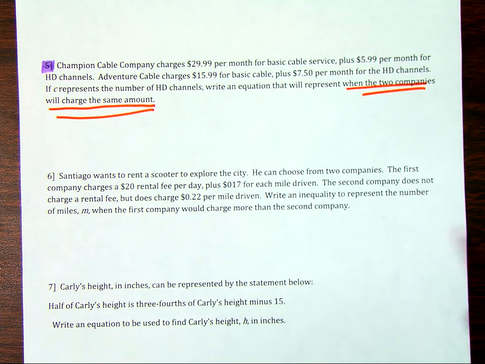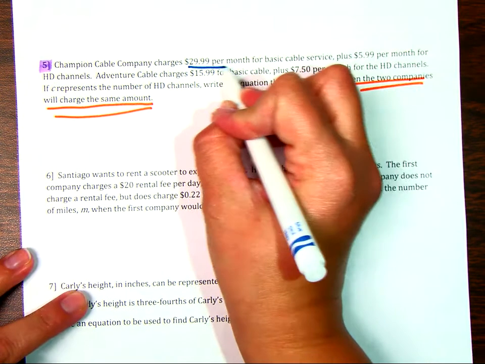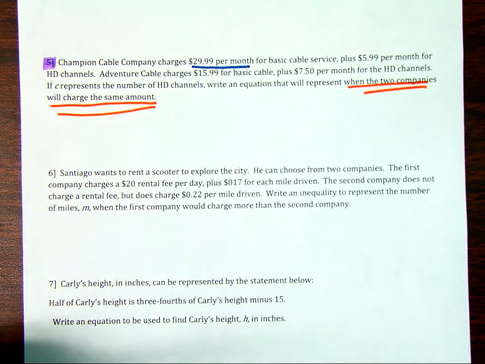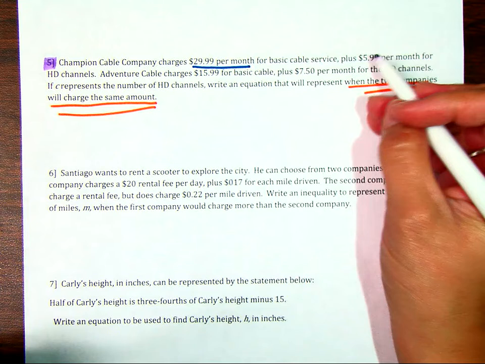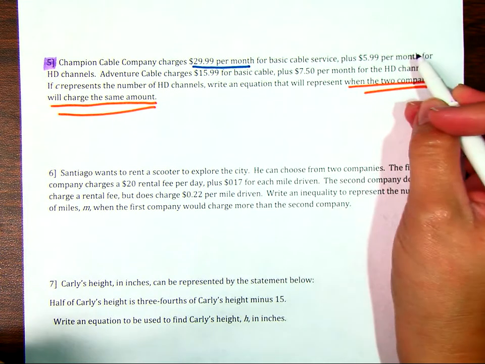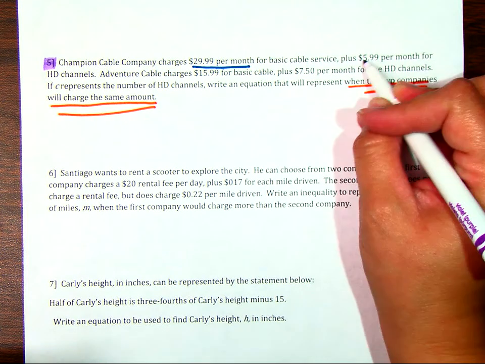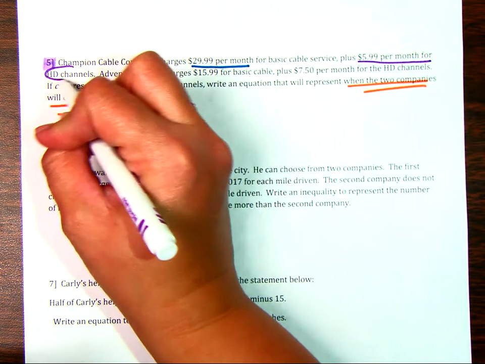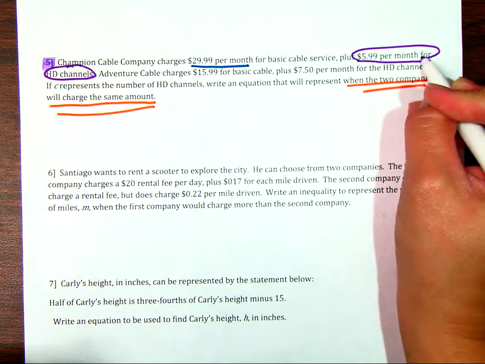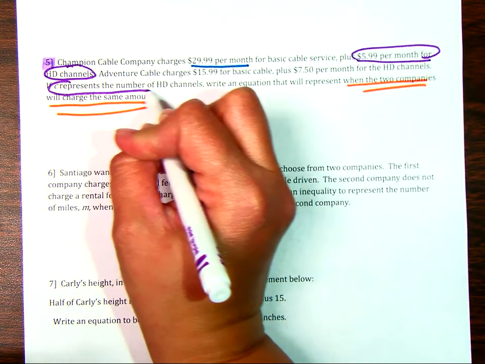So Champion Company charges $29.99 per month, and we're only looking at 1 month at a time. So that's $29.99 per month, and then plus $5.99 per month for those HD channels. Okay, so $5.99 for the HD channels. And they're telling me right here that C represents the HD channels.